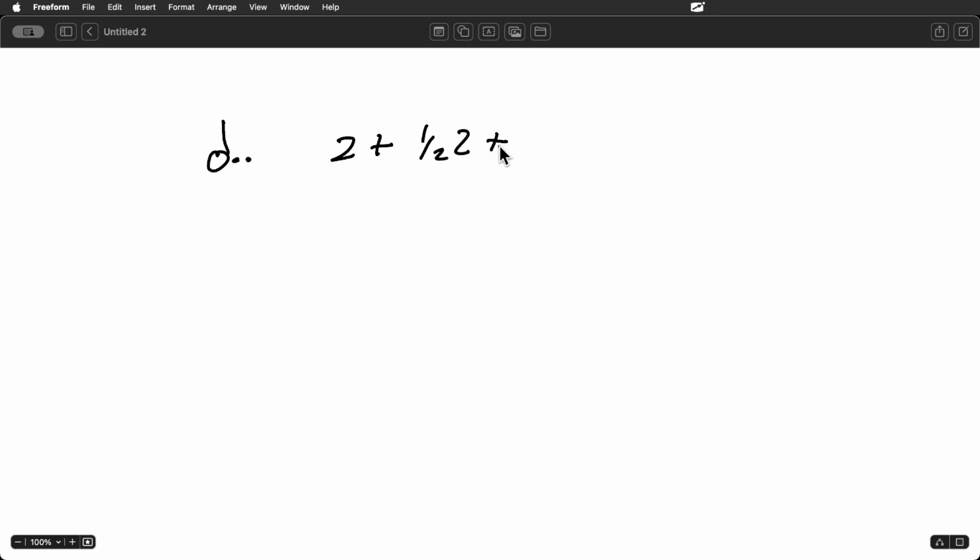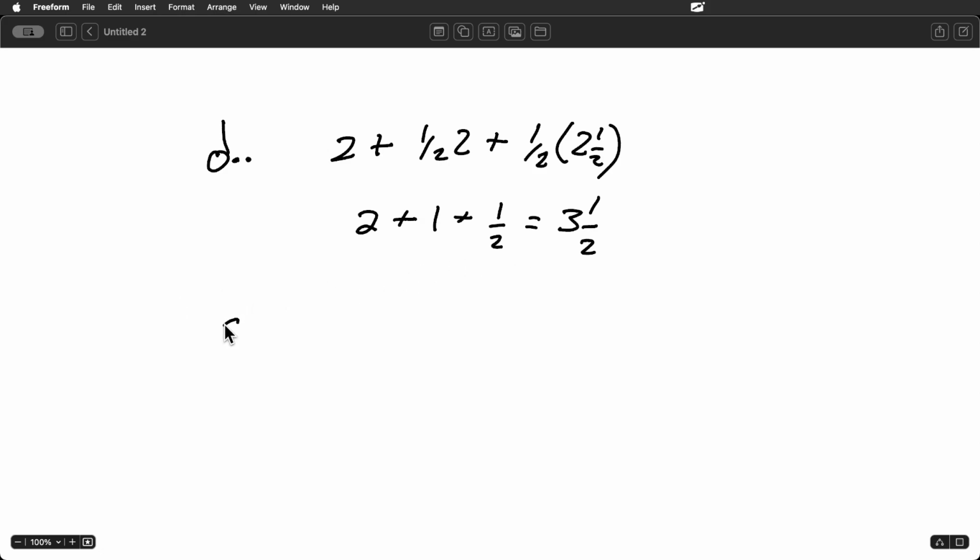But now we have to add this other dot, and the other dot is half of the first dot. So if we write it as a math formula, we have 2 plus half of 2, which is 1, plus half of 1, which comes out to 1/2. You add it all together and you get 3.5 beats for a double dotted half note.